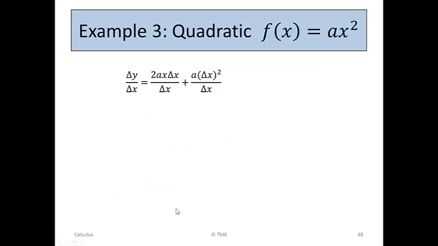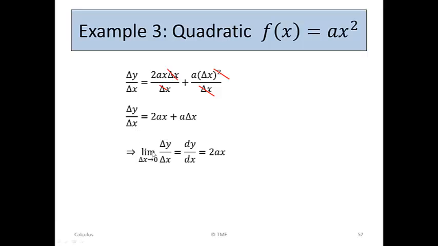So we can rewrite that expression and again perform eliminations. The delta x cancels with the delta x, and the delta x squared divided by delta x becomes delta x. So delta y over delta x is 2ax plus a delta x.